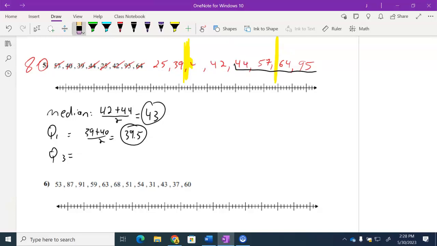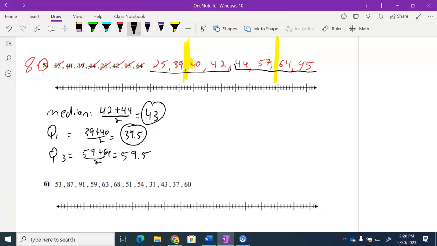So let me take this blue stuff off so that you know what I'm talking about. I think this was 39, 40, right? All right. So the middle number there is between 57 and 64. So you'll go 57 plus 64 and then divide that by 2. And you're going to get, I think, 59.5.